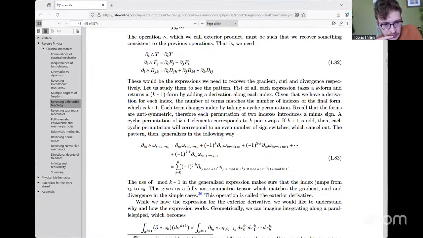Another way to rewrite this is with a sum that goes from 0 to k, and you use the mod on the index to be able to do the permutation. Beautiful. Yes. The use of mod k plus 1.